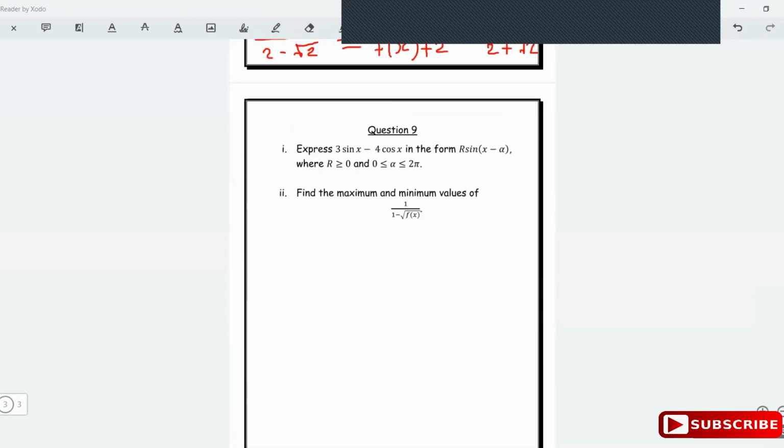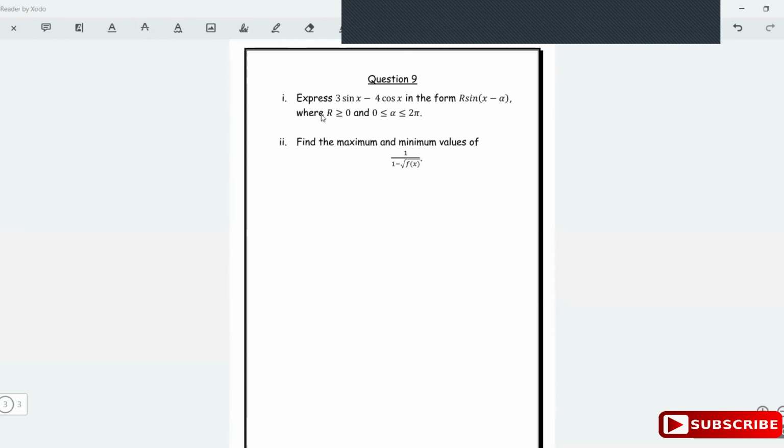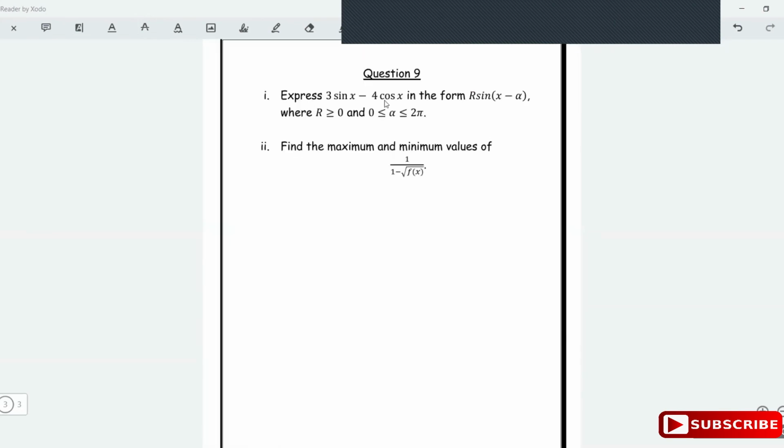This one says express 3 sine x minus 4 cos x in the form r sine x minus alpha, where r is greater than or equal to 0 and alpha is between 0 and 2 pi, and find the maximum and minimum value of 1 over 1 minus the square root of f of x.